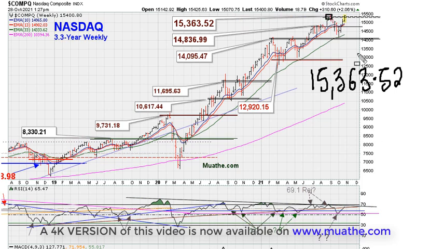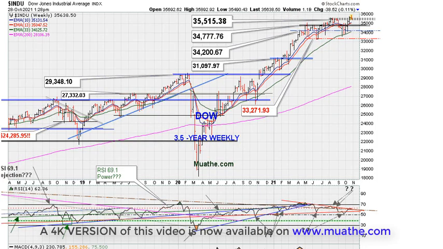As long as the market is above this number, then the Nasdaq is surely breaking out and could see higher prices. Similarly, the Dow would need to continue holding above 35,515.38, which is the weekly closing high right there, again from August.